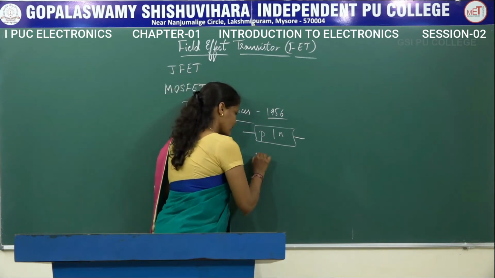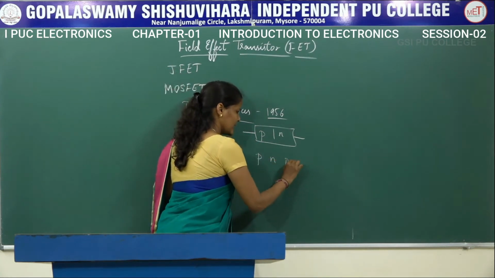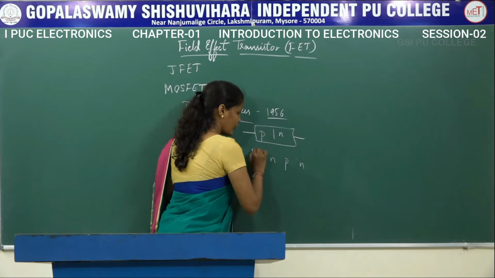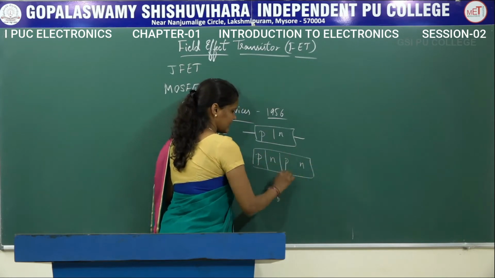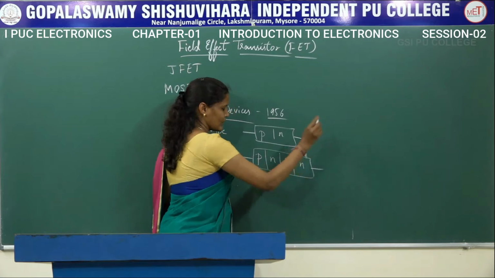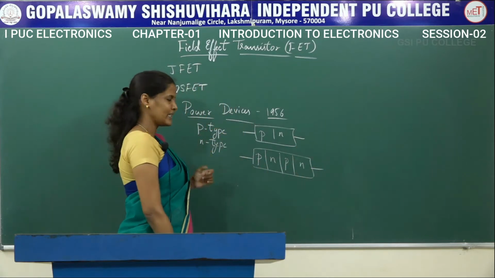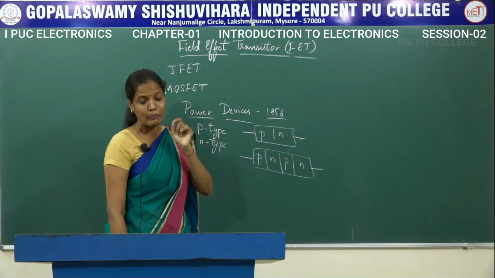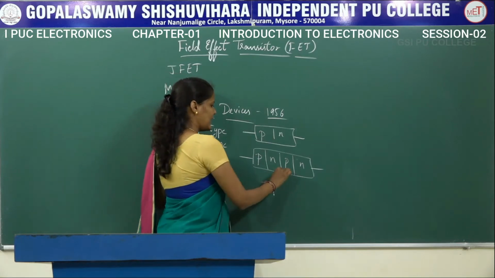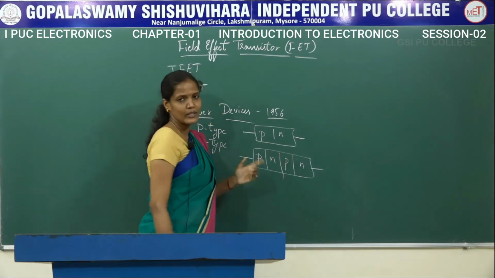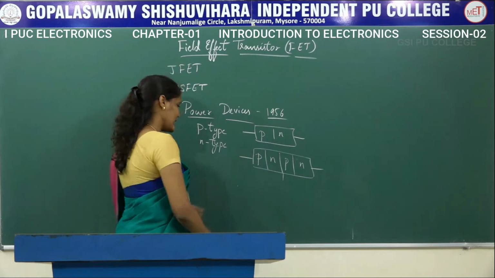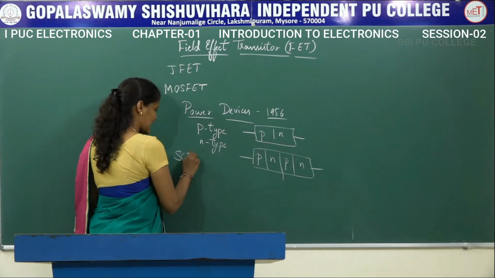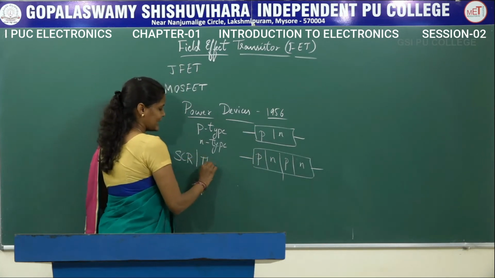But PNPN, that is a 4-layer device, was invented by these Bell Telephone Industry people, and it contained 3 terminals, and that particular device was named SCR.